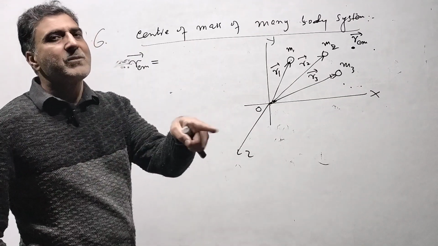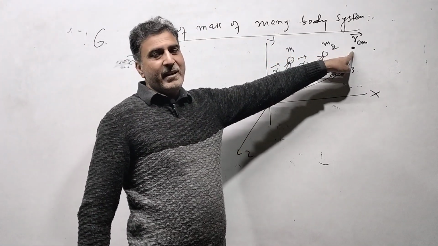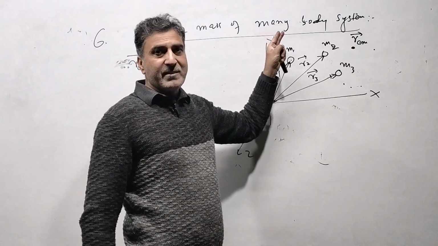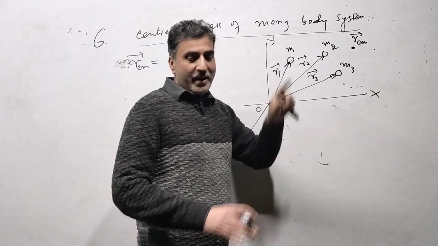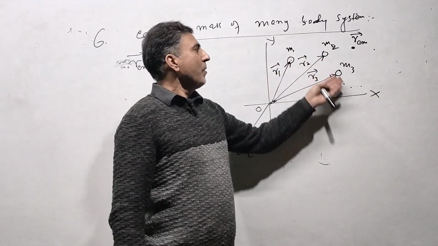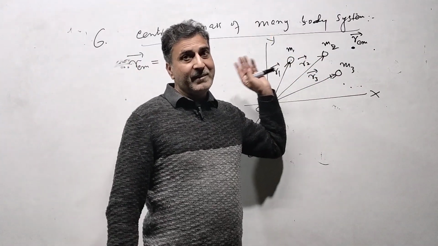It is the center of mass which will get the acceleration, F net by m. F net is all the forces acting on all the bodies, divided by all the masses put together. The accelerations of individual bodies you have to find separately.